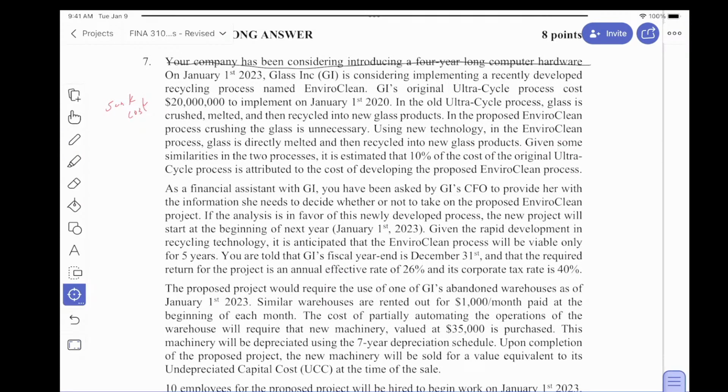Then it is estimated that 10% of the cost of the original ultracycle process is attributed to the cost of developing the proposed EnviroClean process. Do we include that in the project analysis?